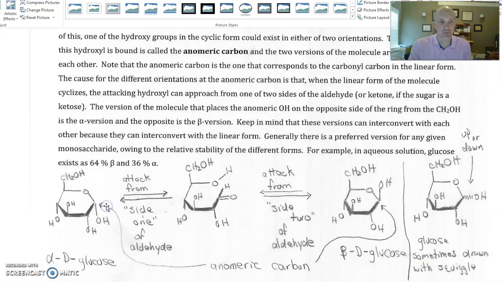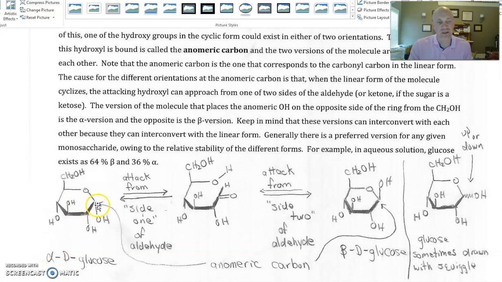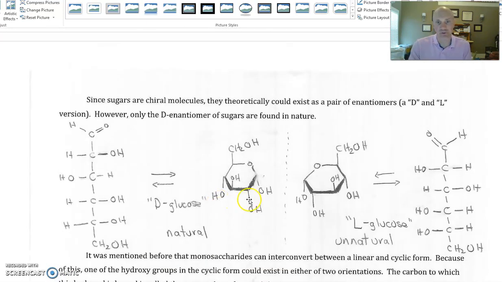And just a little nomenclature that goes along with this. If the hydroxyl group is below, we consider that the alpha form of glucose. And if it's above the plane of the ring, we call that the beta form of glucose. The D that I put in this refers to the particular enantiomer, which we were talking about before. So it's this version, this mirror image of glucose right here.